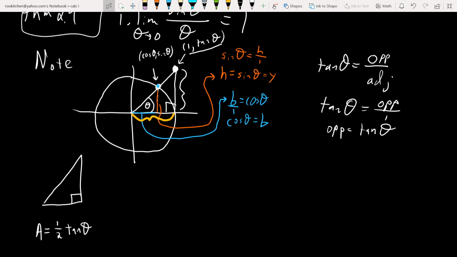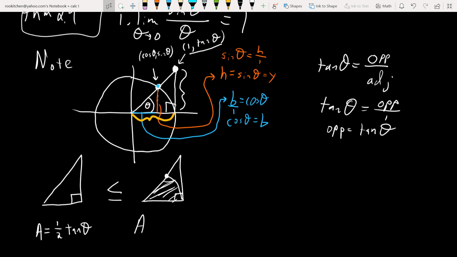And then I'm going to say that's clearly less than or equal to this inner part of the circle. Starting at that point, cosine theta, sine theta, I have this circular wedge here, the sector of the circle.